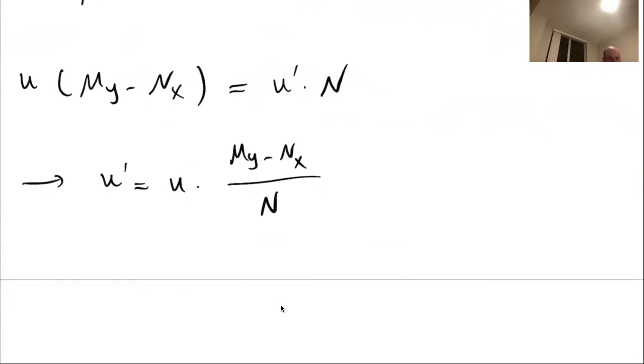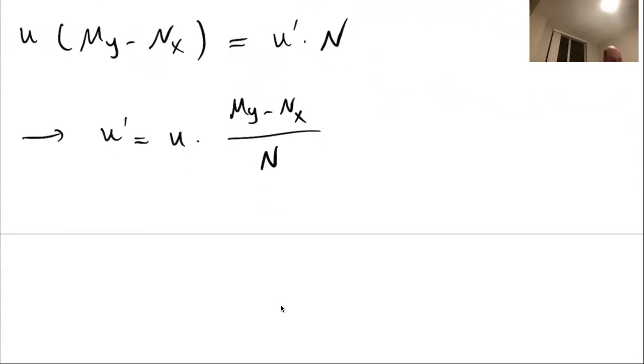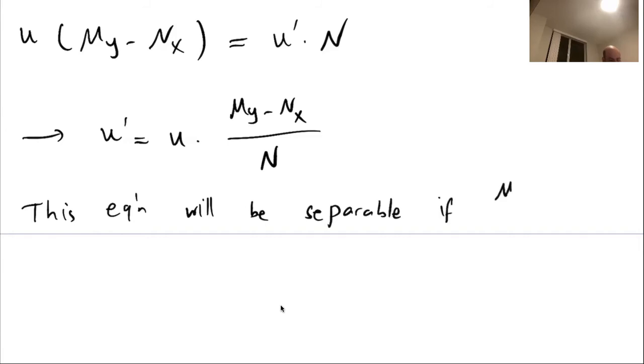And this equation will be separable if (M_y minus N_x) divided by N is a function of x only.